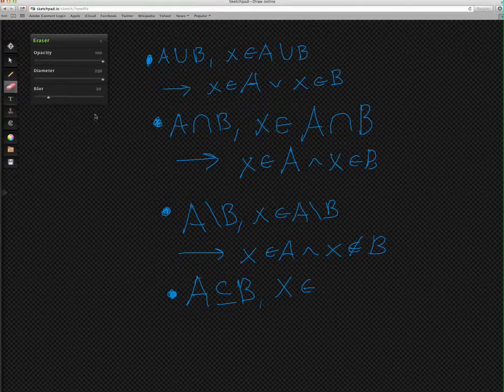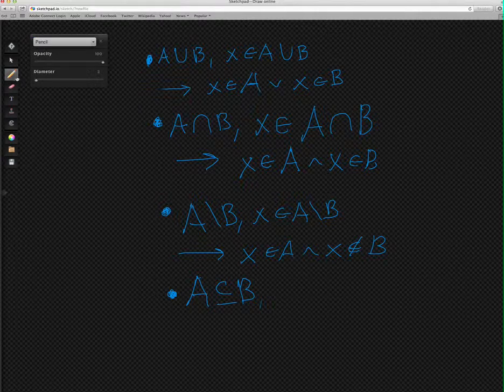This translates into, for all X element A, oops, A implies that X is an element of B. Cool stuff. Happy face.